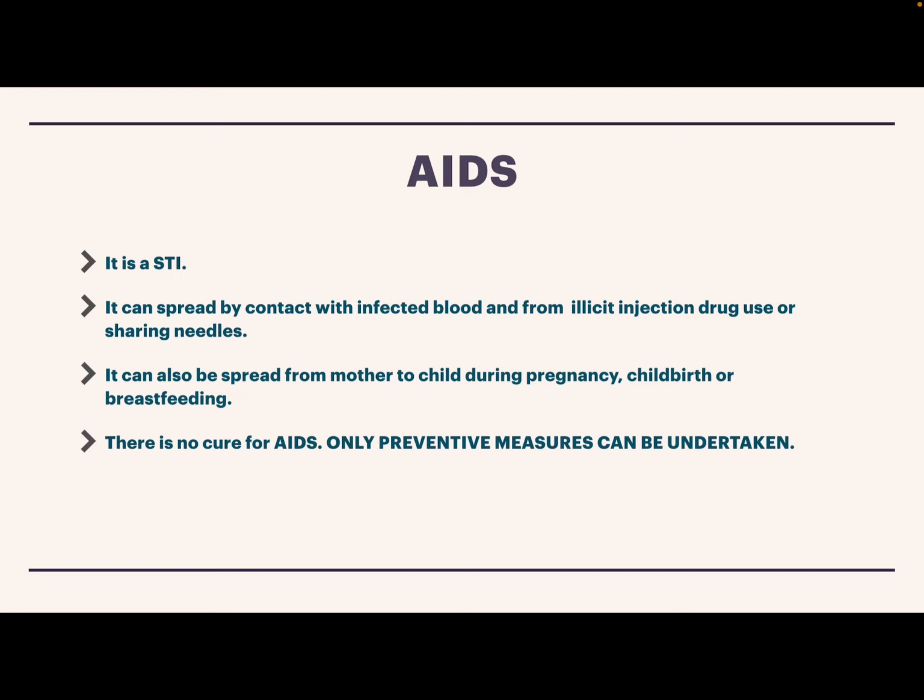It can be spread by contact with infected blood and from illicit injection drug use, or sharing needles. It can also be spread from mother to child during pregnancy, childbirth, or breastfeeding. Currently, there is no cure for AIDS, only preventive measures can be undertaken. Also, there are few treatments that a patient who is suffering from AIDS can go through.